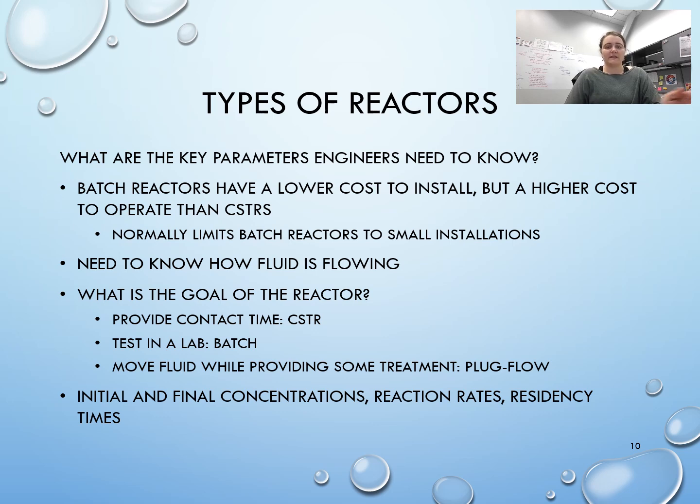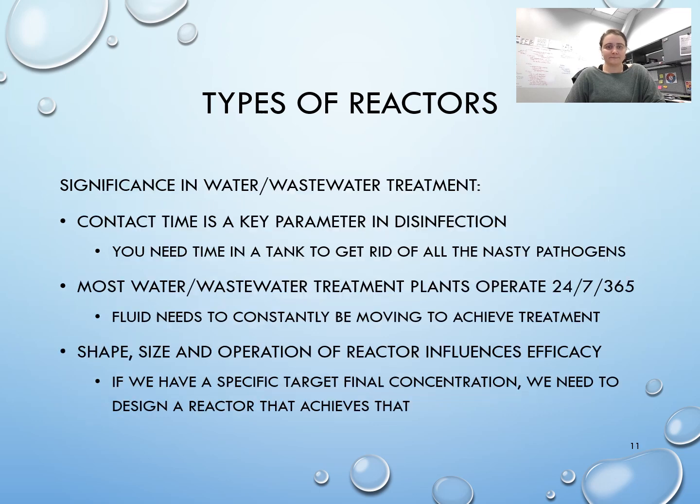If we need to maintain fluid movement while providing some treatment, or maybe we need to have a residual in our system, we'll talk about that later, maybe plug flow might be better. So how fluid is moving and the goal of that reactor really does play a role in which reactor you choose. And then the initial and final concentrations, the reaction rates, and the residency times, retention time, same thing, right? All of those parameters are the things that we're going to need to know in order to design these properly.